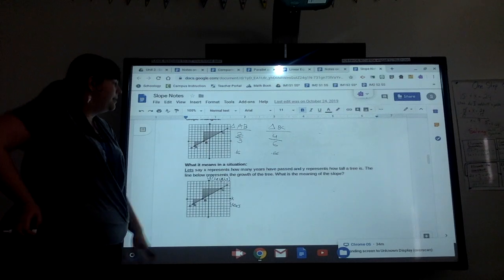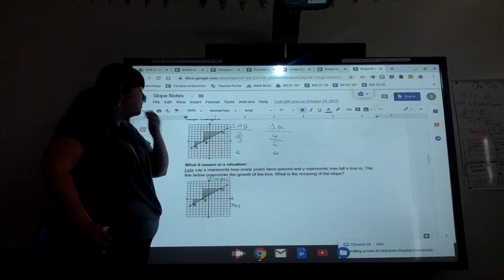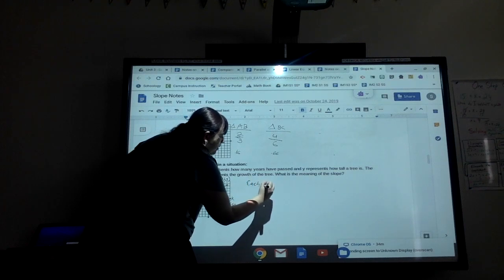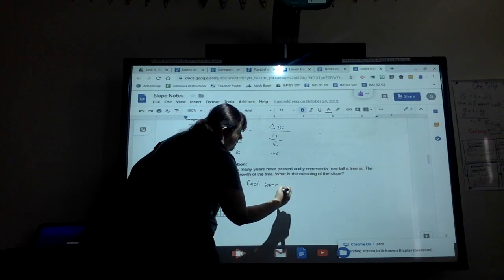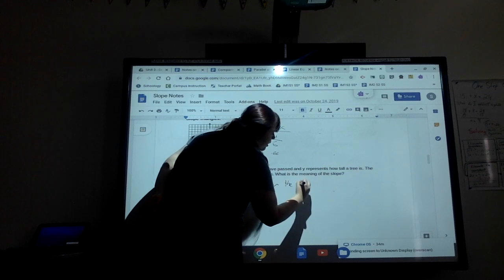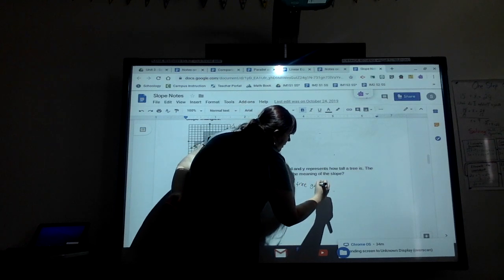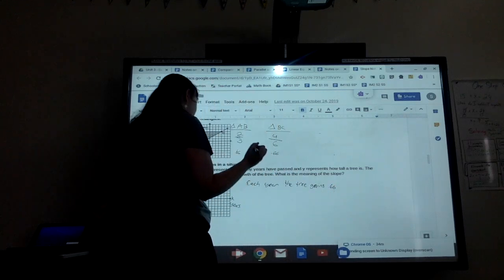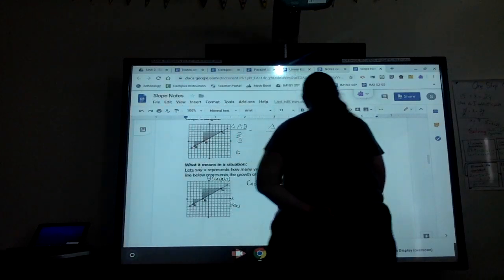Well, that means this one, after I divide and get the decimal, that means each year, because it's about 1 year after I divide, the tree gains 0.66 in height.